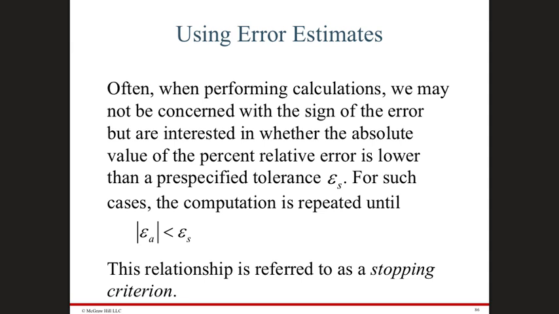Right? So you always have some bound on the error, and you want your estimated error to be smaller than that bound. And remember, we are always working with the absolute value of the error. So plus or minus, we deal with them the same. And once you reach this condition, we call that the stopping criteria.